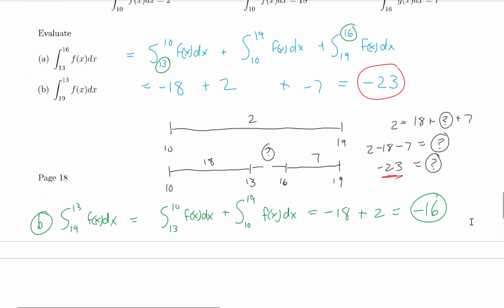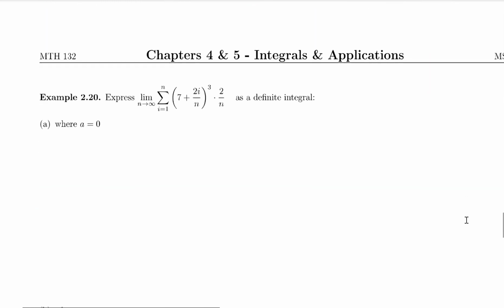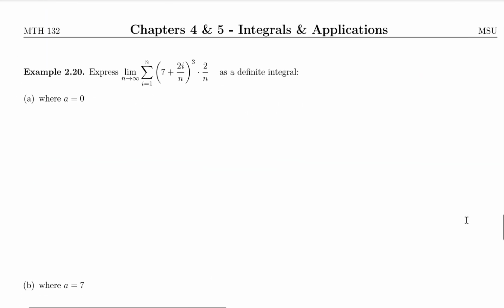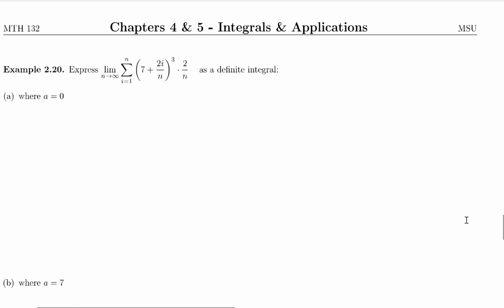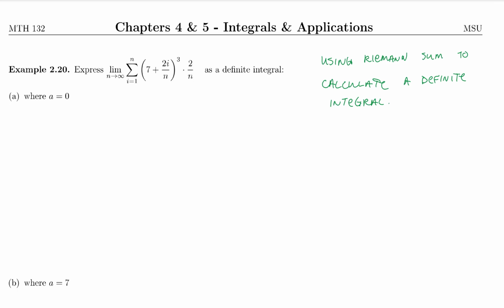All right, let's take a look at the next example. These final two examples are by far the hardest examples in section 4.2, and they're really tricky because what we're doing is using the Riemann sum to actually calculate the integral. And that's the idea from section 4.1, where we were using Riemann sums to approximate definite integrals.